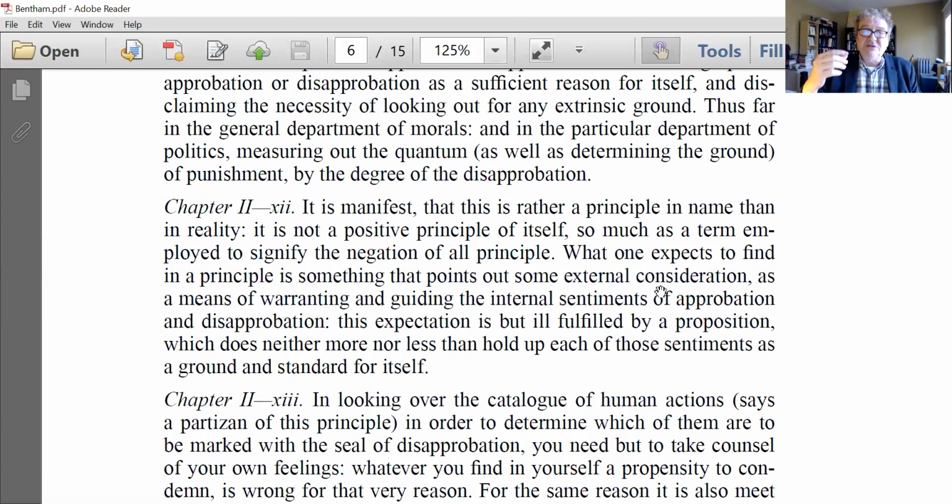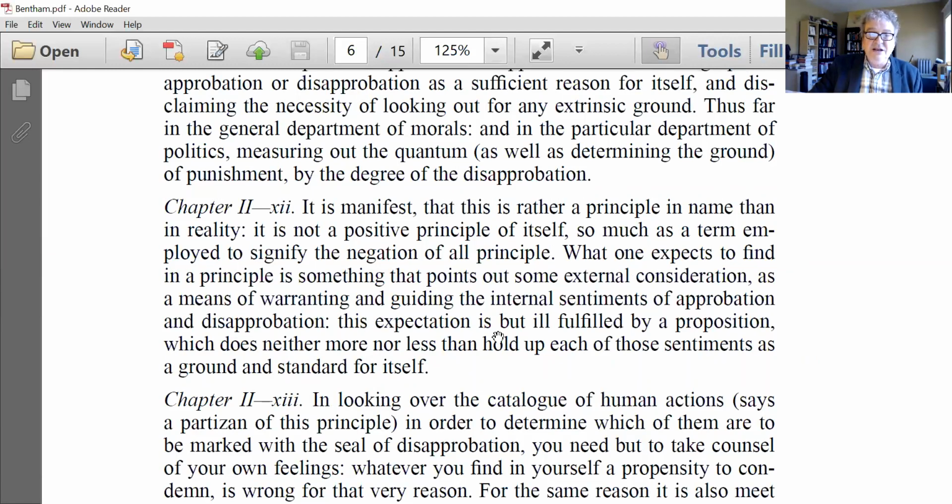So with the principle of utility, we're using an external consideration, that is the increase of happiness for everyone. There's this external consideration that we're using to justify how we act.